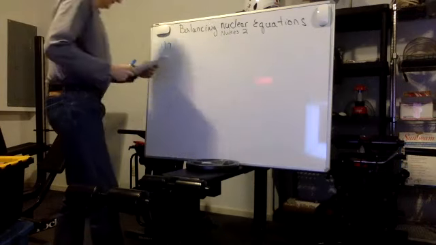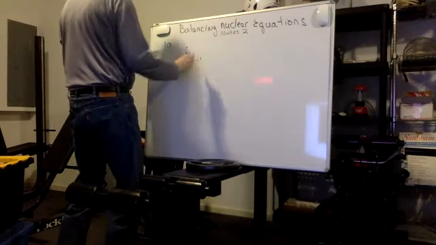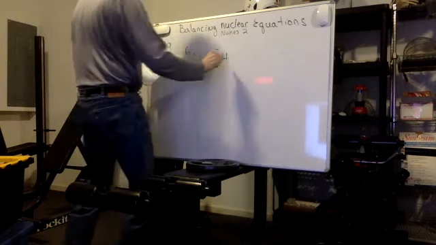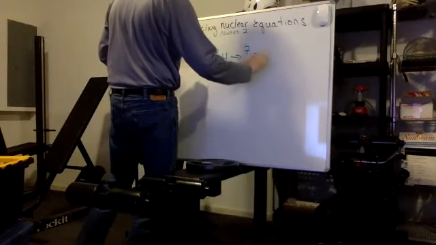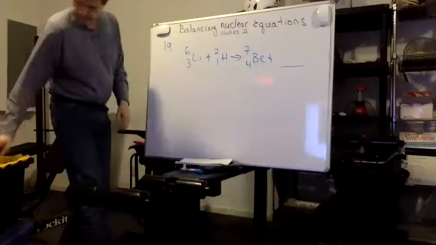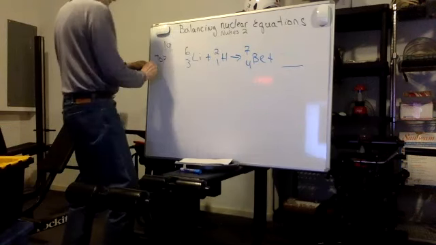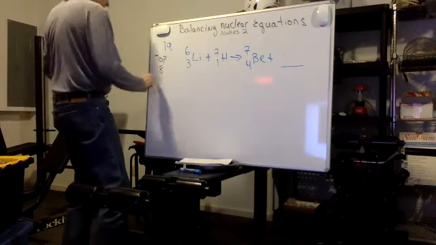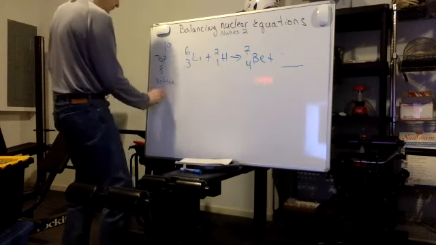Let's take a look at 19. Let's see. 9 plus 2, 1 H, 2, 7, 4, B plus blank. All right, let's do the top first. 6 plus 2 is 8. And then on the bottom, 3 plus 1 is 4.